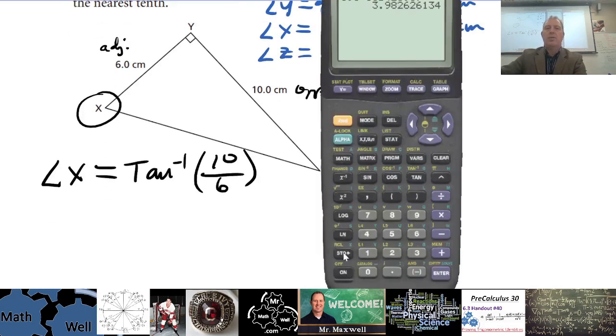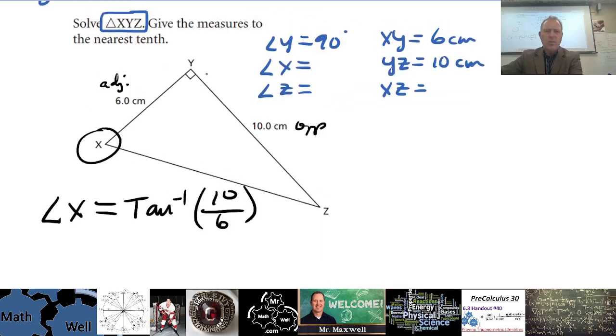We'll do second function, tan of 10 divided by 6. 59. Okay. So nearest tenth it says, so 59.0. Nearest tenth for all measures, okay? So angle x is 59.0. And that's going to be 59.0 what? Degrees. Awesome.